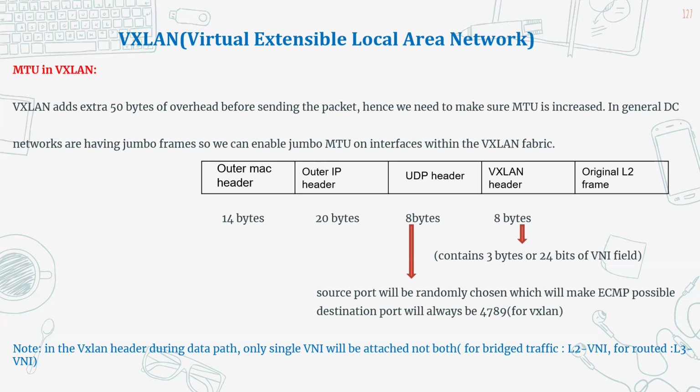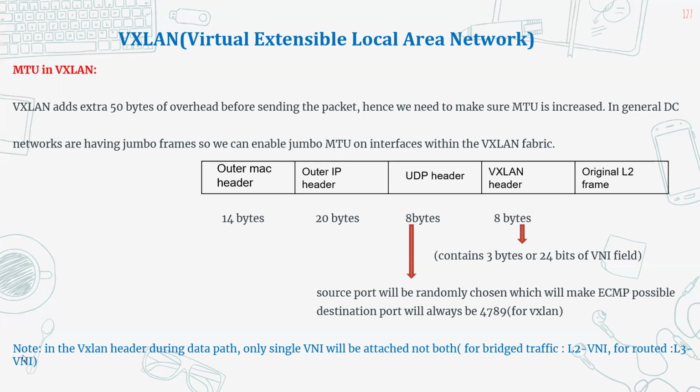That is why, within the fabric, if you keep the Ethernet links with the normal MTU, then your communication is not going to work, because of the extra information that VXLAN is adding. So make sure that your MTU size is increased on the fabric devices.